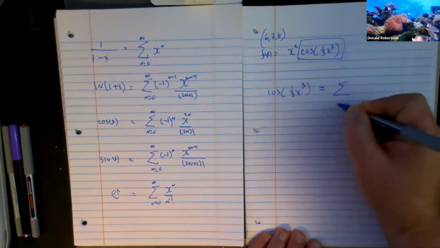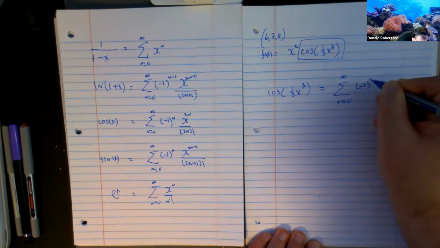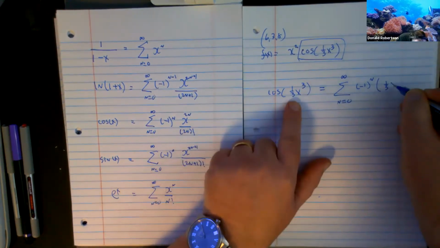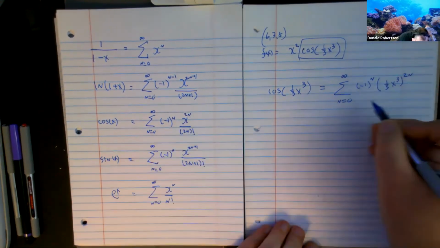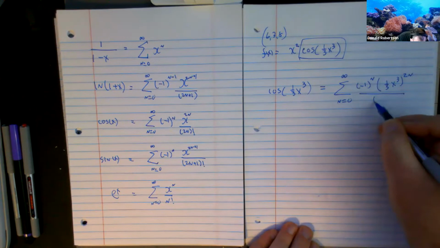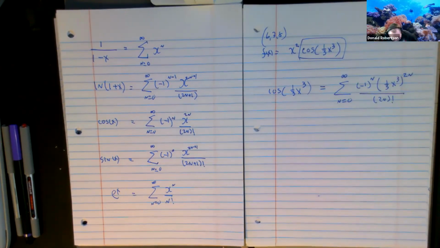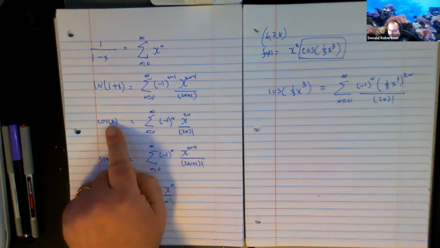Its power series will be the sum from n equals 0 to infinity of -1 to the n, times whatever I have, in this case 1/3 x cubed, raised to the power of 2n, over 2n factorial. Are you comfortable about how I got the power series using that as my template?